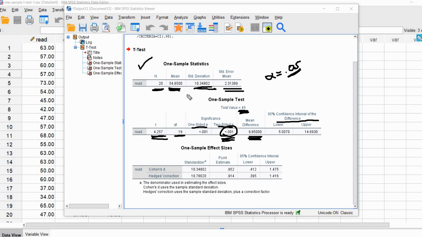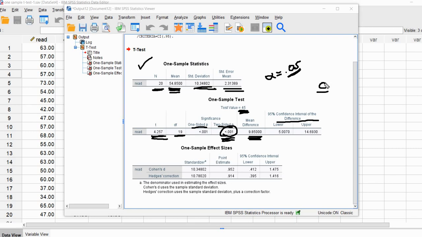So keep in mind that the null hypothesis is that there's no difference between our means. So in other words, we would expect that there's no difference between 54.85 and 45. So that no difference hypothesis is if I take the mean from which our sample was drawn and that mean of that hypothetical population, if there's no difference, then that difference would have to be 0.